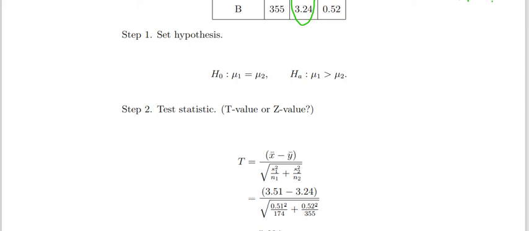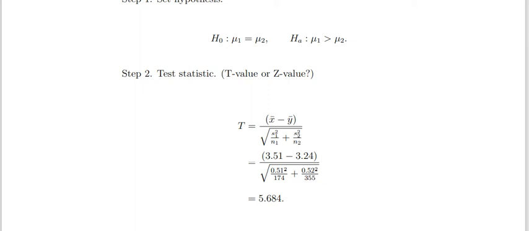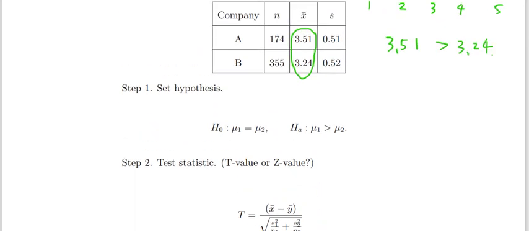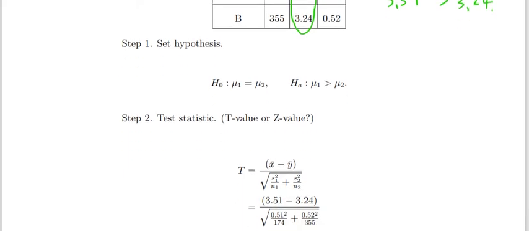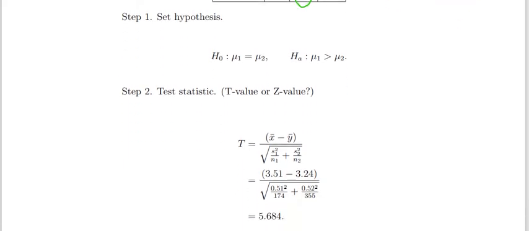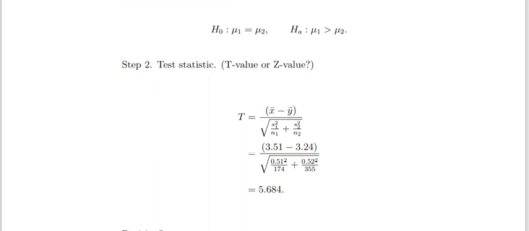Here x bar is 3.51, y bar is 3.24, and s1 is 0.51. We just plug in here, and we find this number equals 5.64 or 5.684.